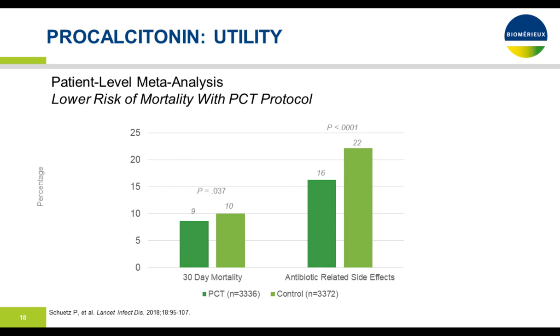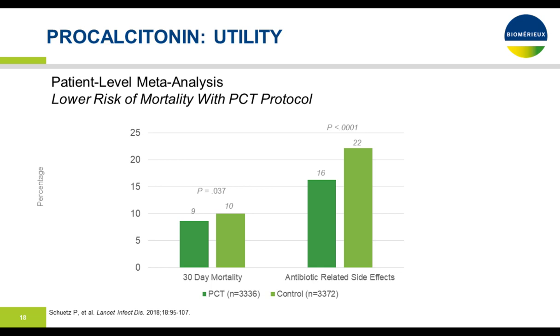As far as the secondary outcomes, there was again a 2.4-day decrease in antibiotic exposure with a quality of evidence high, and the risk of antibiotic adverse drug effects was quality of evidence moderate. Length of stay and ICU were similar.